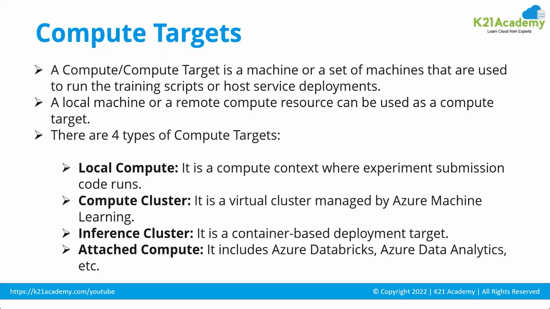Without that, you cannot run anything, all right? So the underlying power that you are giving to your workspace is provisioning a compute resource. And we have a few types of compute targets that we can deploy. One is local compute. This is our compute instance by default. We provision one first, right?